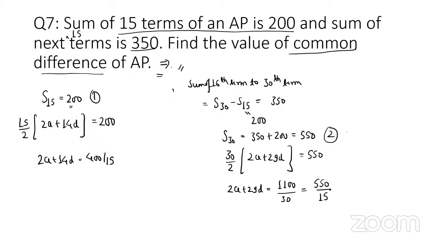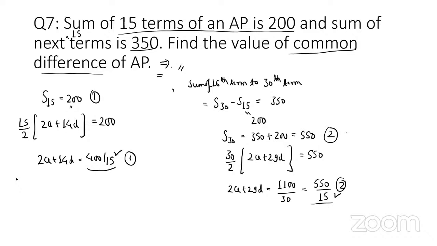I'm not simplifying it further because in the first equation the denominator is 15, and in the second equation also the denominator is 15. If I write it the same way, that will simplify our calculation. So that's why I'm not simplifying it further.